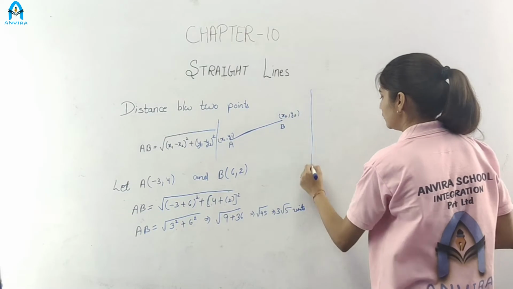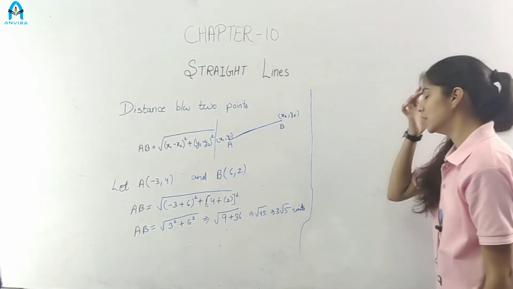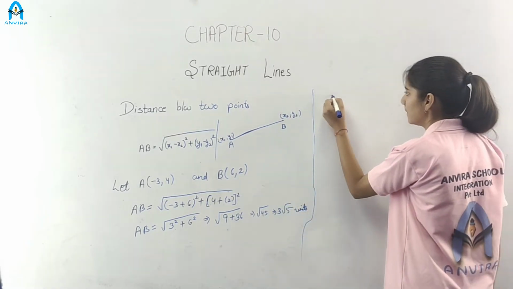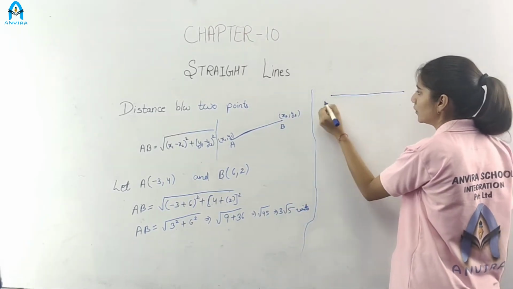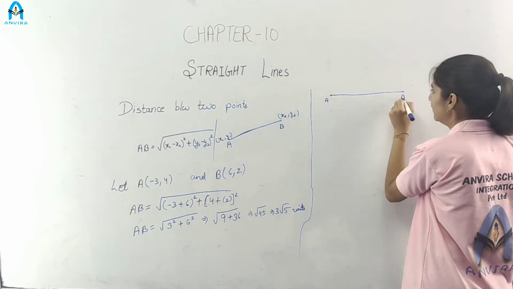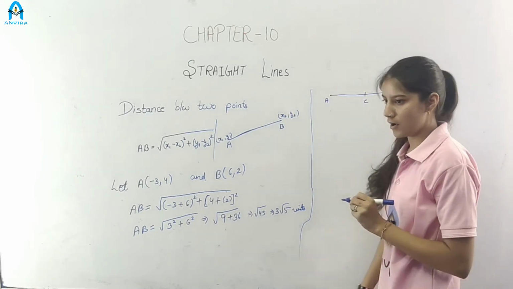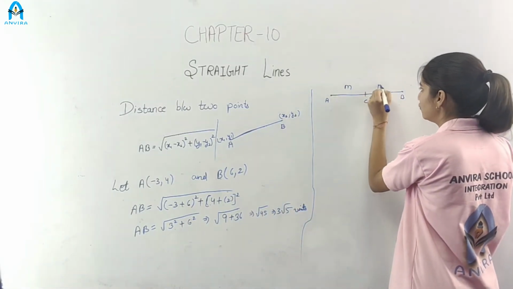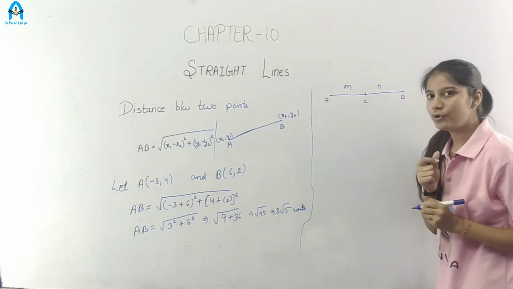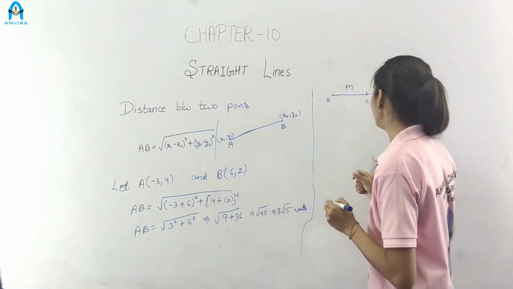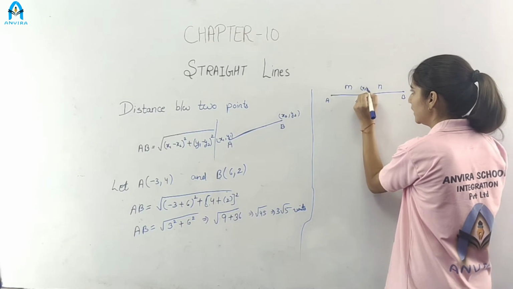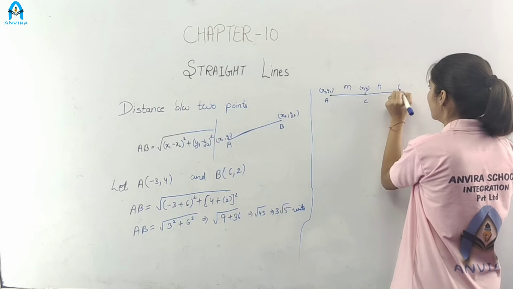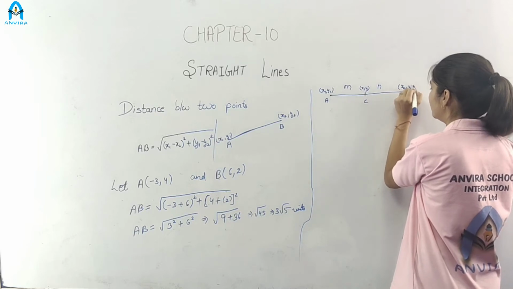Now we will talk about the section formula. What is the section formula? If two coordinates are given and a third point divides the line in the ratio m:n, then how could you find the coordinates (x, y)? A is (x1, y1) and B is (x2, y2).